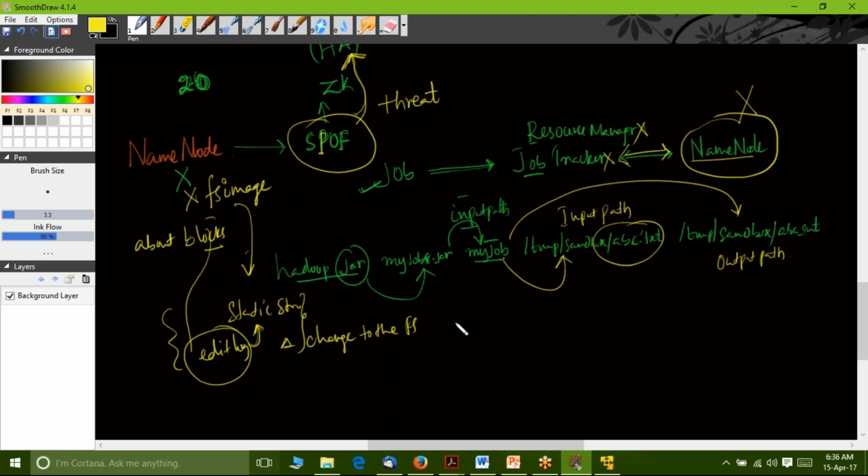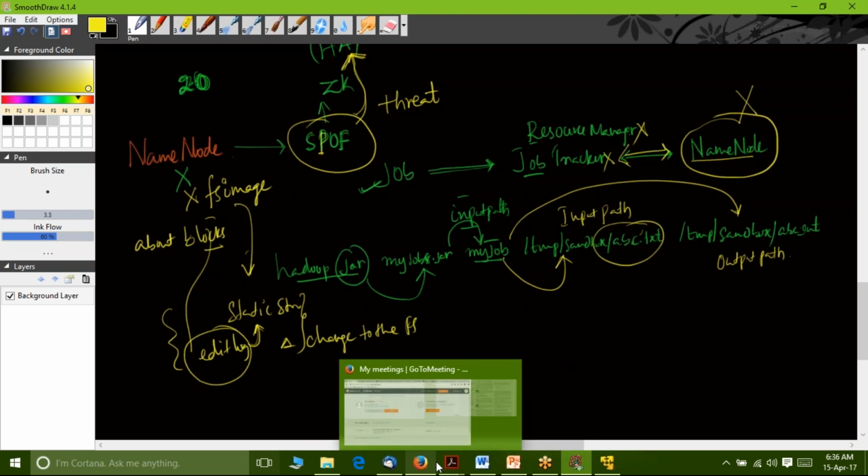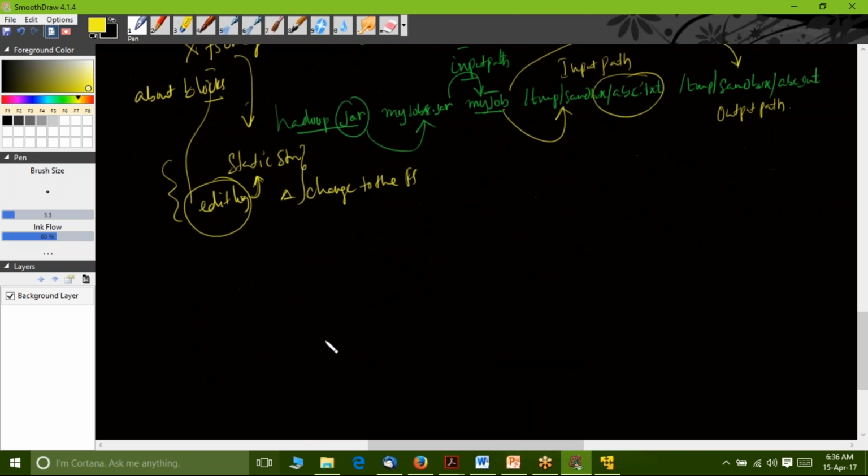In the pseudo cluster, as all will be on the same machine, we don't have the option. But in a fully distributed mode, these two need to be on separate machines, and it is recommended that we make use of enterprise class hardware for masters.